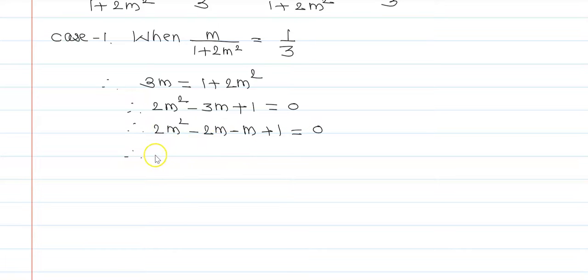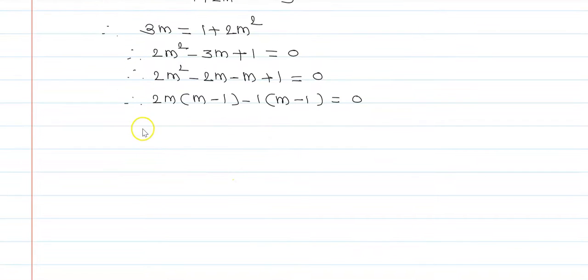Take 2m as common: in bracket m minus 1, minus 1 common, in bracket m minus 1, that's equals to 0. Therefore in first bracket m minus 1, in second bracket 2m minus 1, that's equals to 0.